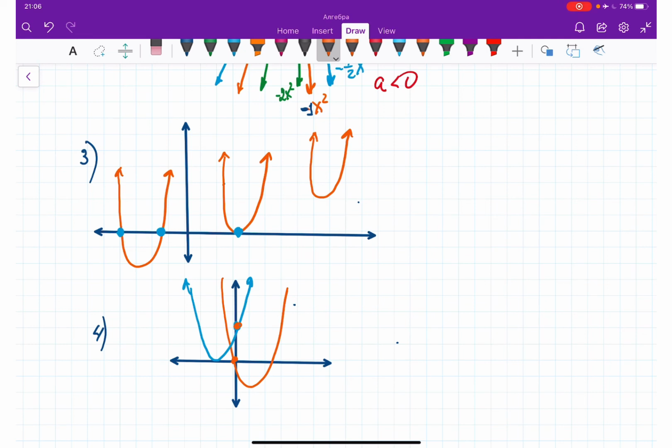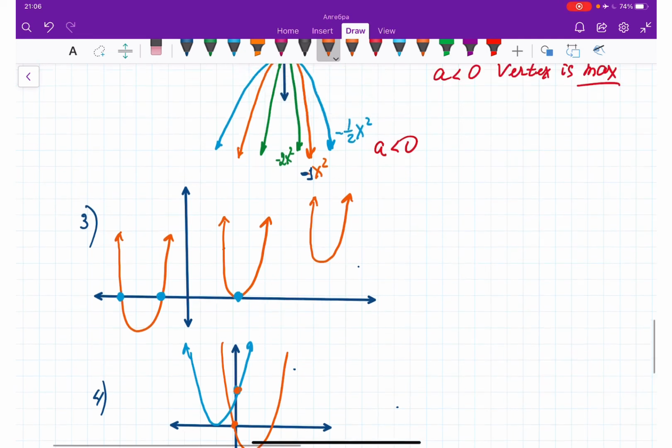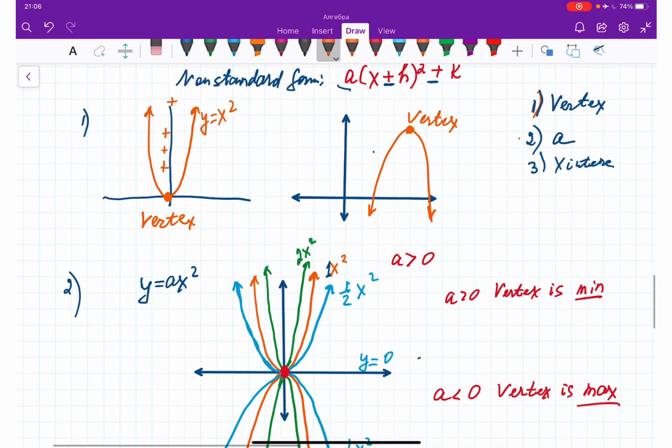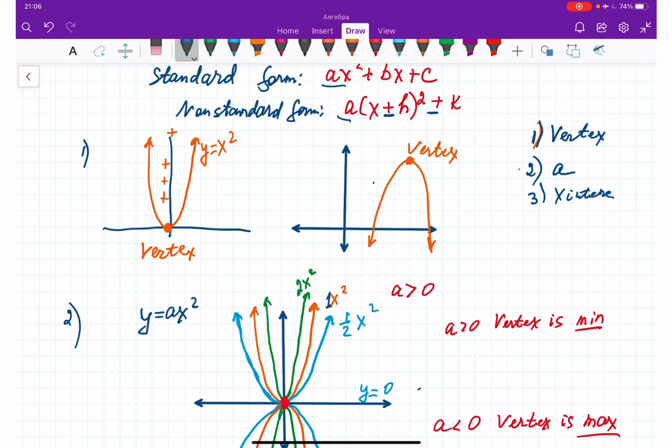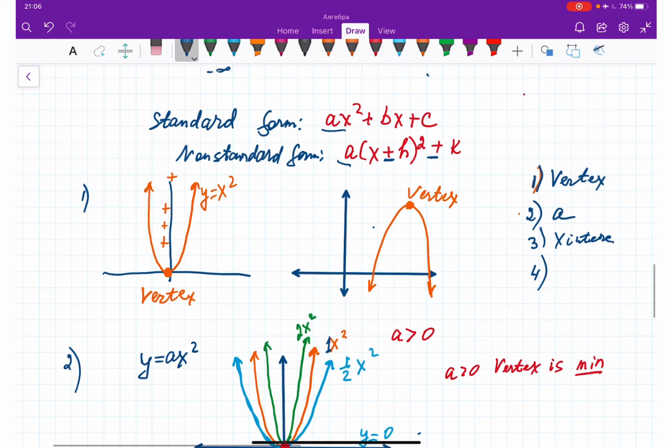All right. So those are points that we need to know, be it a standard form or non-standard form. Order is not important at all. You can work with any order, because they don't depend on each other.